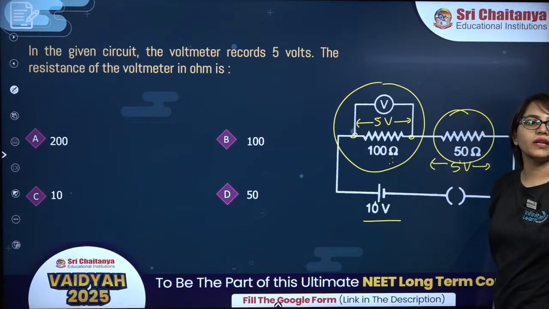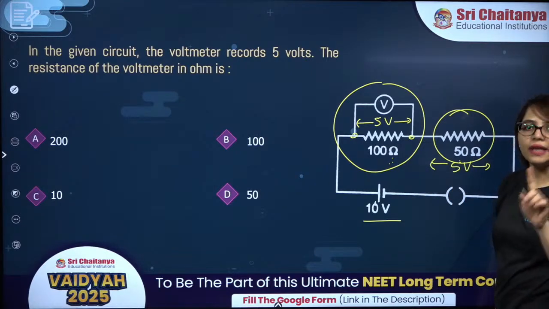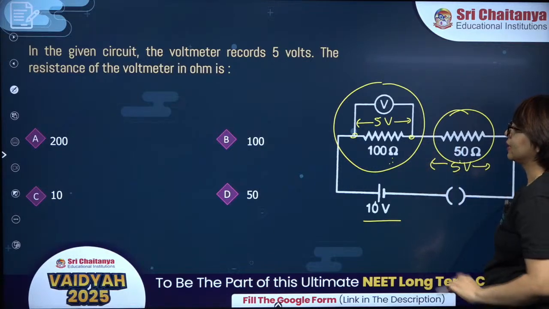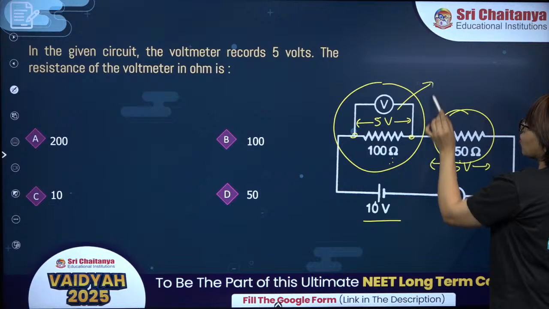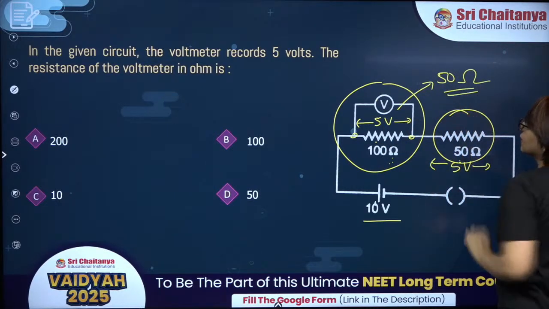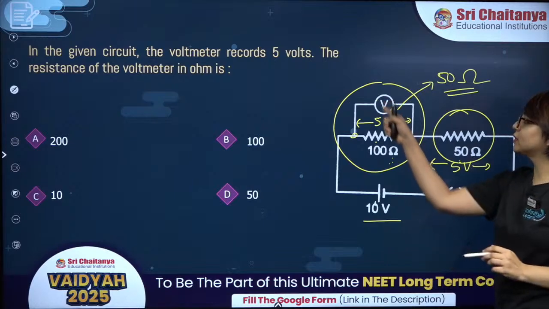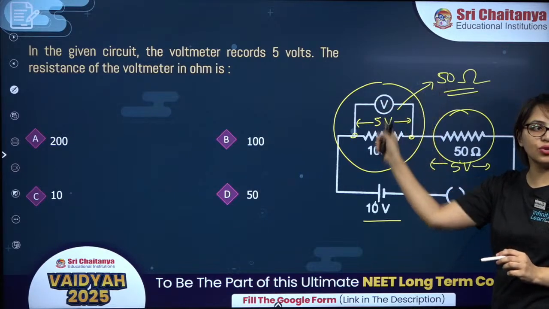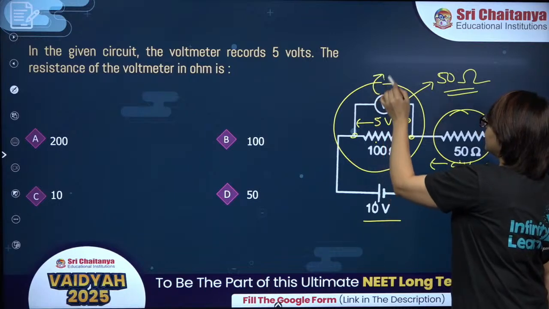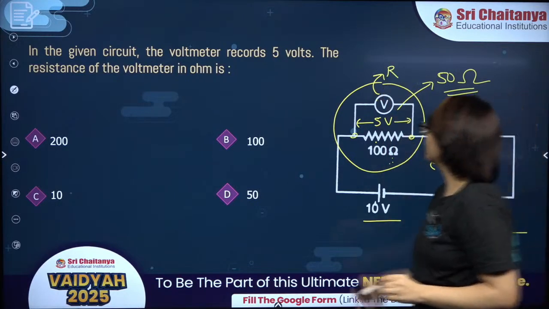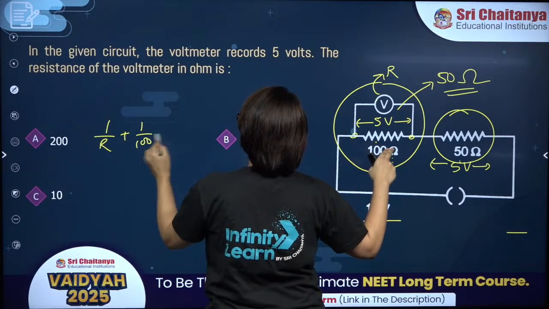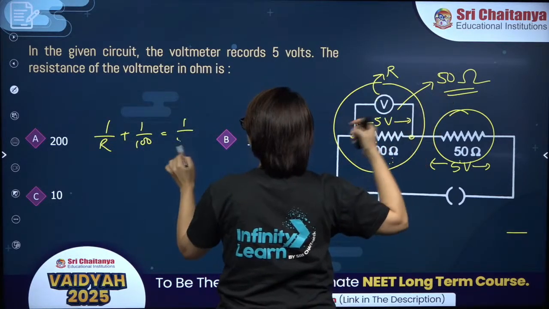In series combination, if the potential drop is the same, that means the resistances are equal. That means the combination of these two should be 50 ohms. The equivalent value of these two will be 50 ohms and these two are in parallel, right? So the resistance of the voltmeter is, let's say, R. So we have 1 upon R plus 1 upon 100 equal to 1 upon R equivalent, which is 1 upon 50.